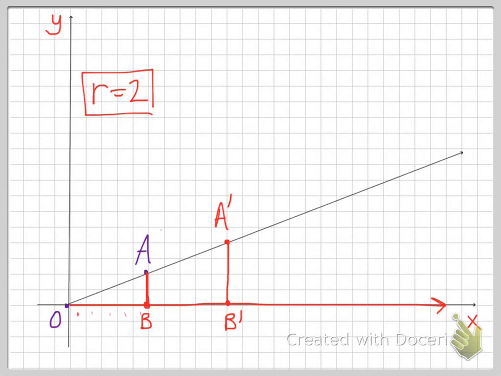Okay, and so the coordinates of A, let's look at them, are 5 on the x-axis, 2 on the y-axis, and my coordinates for A prime are 10 on the x-axis and 4 on the y-axis. So let's look just by following that, are segments AB and A prime B prime in proportion?